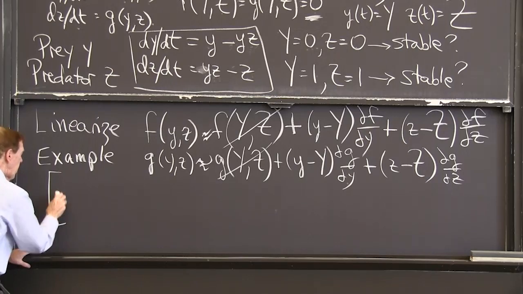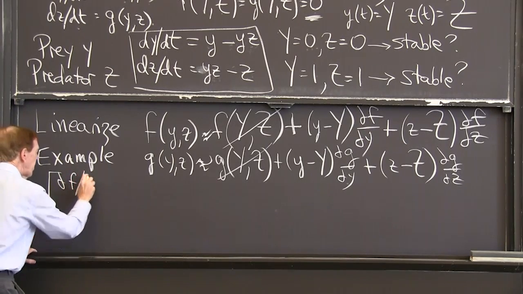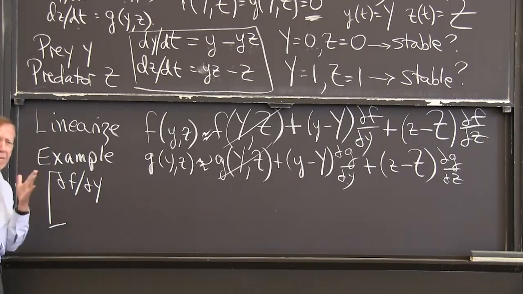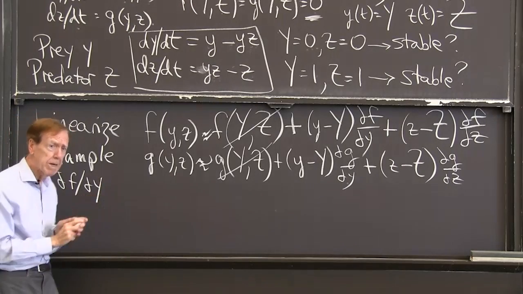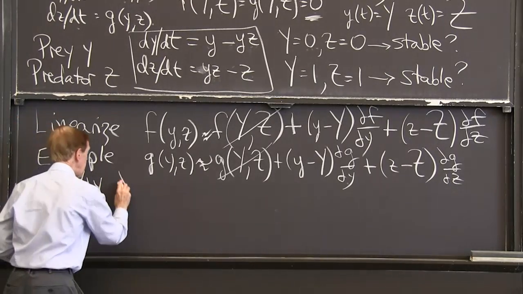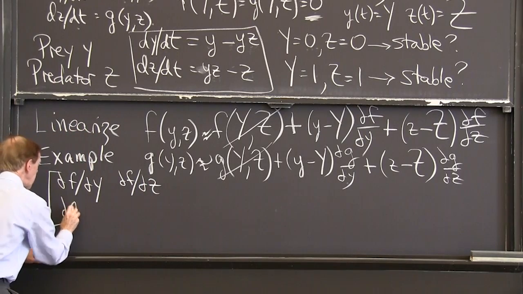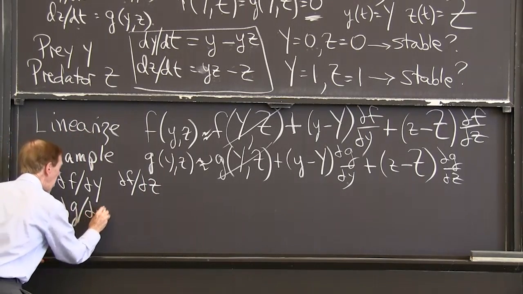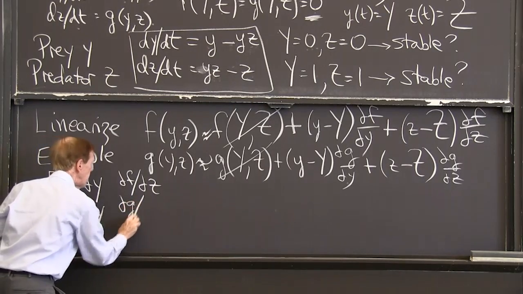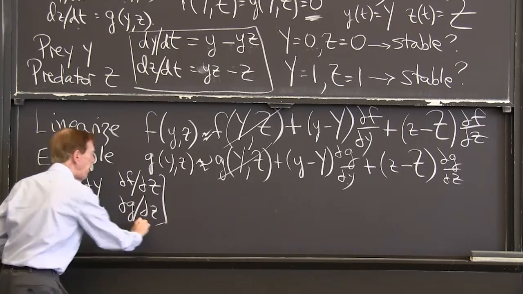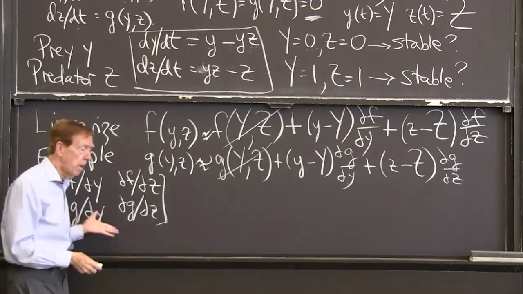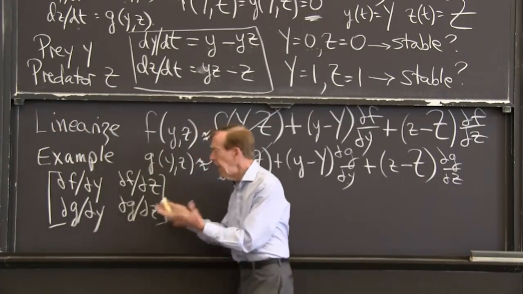So can I create a little matrix, df dy? It's the nice way, if I've got four things, a 2 by 2 matrix is great. df dz, that number, dg dy, and dg dz. You could say this is the first derivative matrix.